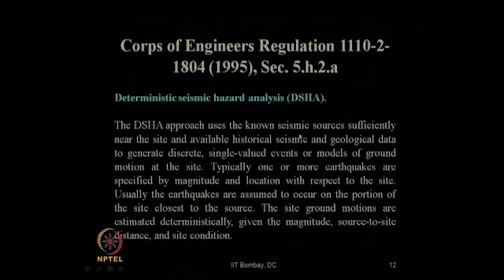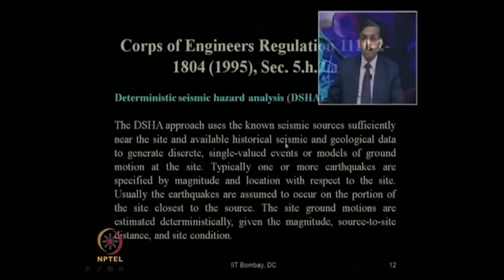So, first of all, it considers all the known seismic sources. Known seismic sources means wherever you have identified a fault, or if you know what plate tectonic movements are involved close to that proposed site. So, these are sufficiently near to the site.